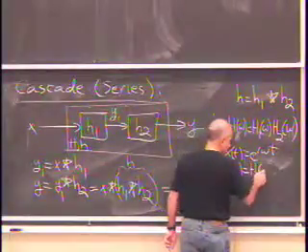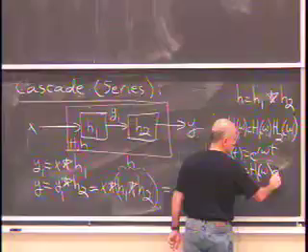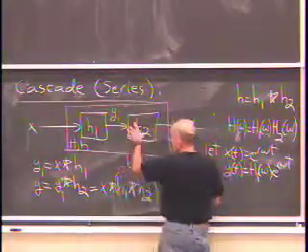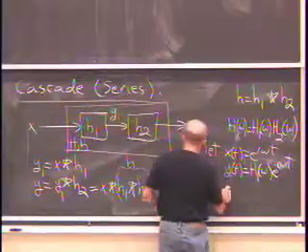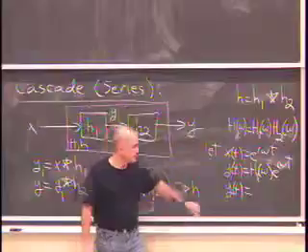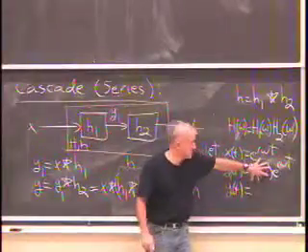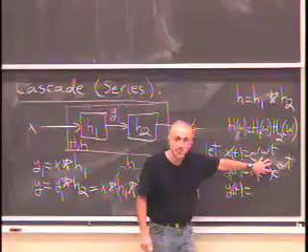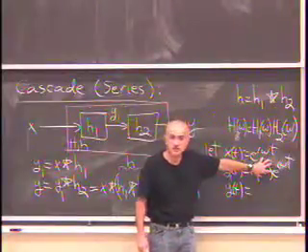H1 of omega e to the i omega t. And if y1 is going into the second system, then what is y? This is a complex exponential multiplied by a number. This doesn't have a time dependence. This is just a number. Happens to be a complex number, but so what?